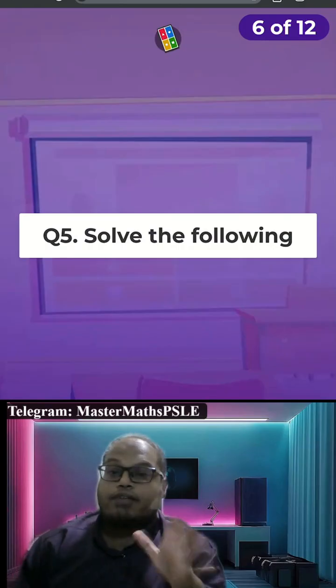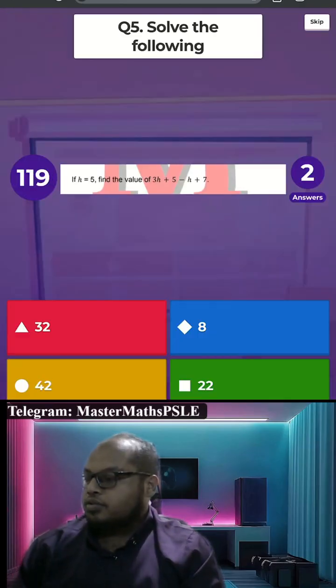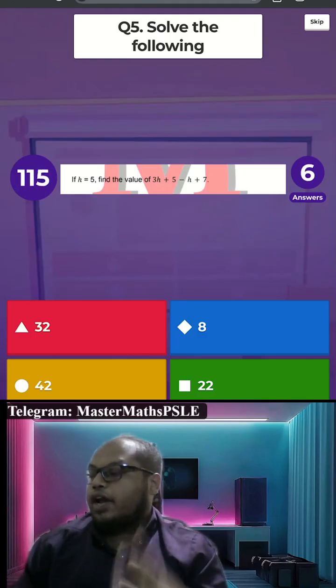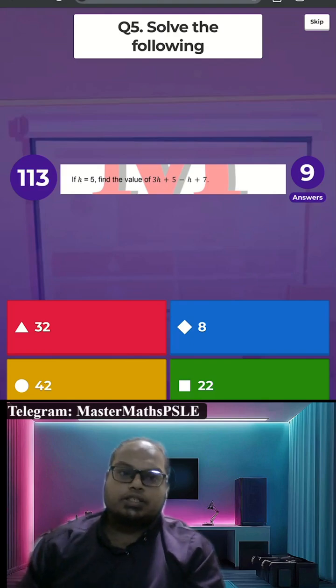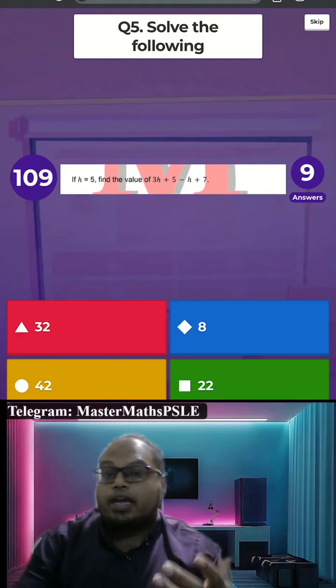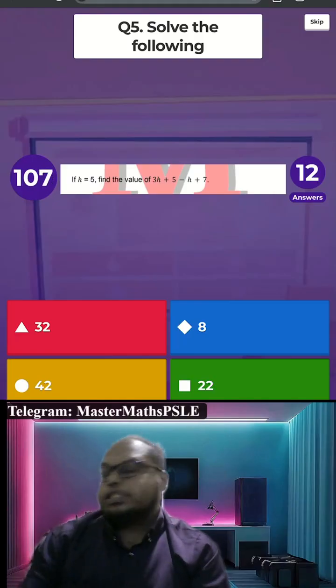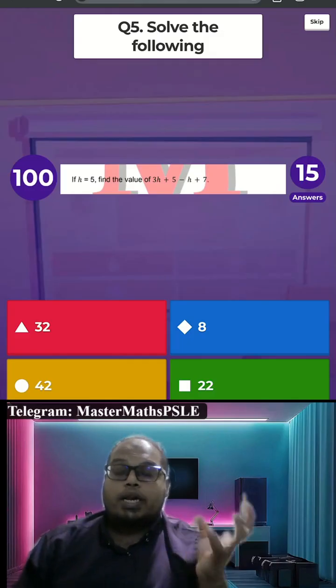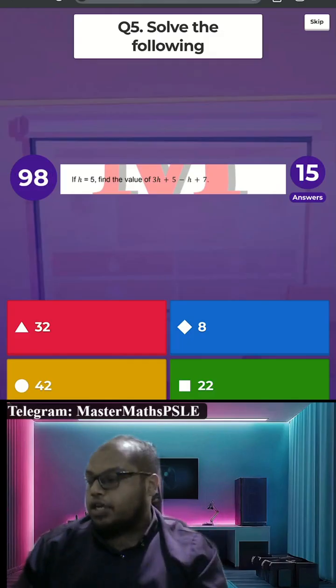Now question 5. If h equals 5, find the value of this expression. Remember, when there's a 3h, it's like 3 times h.